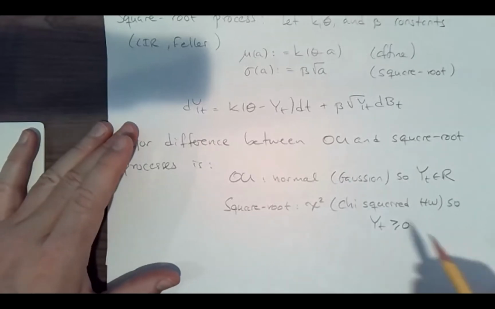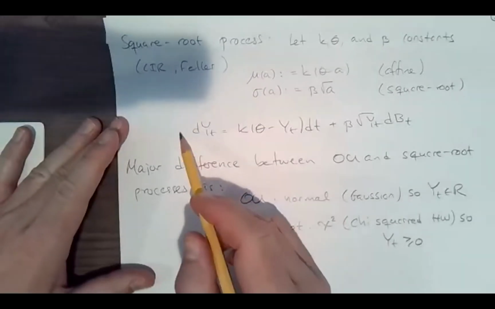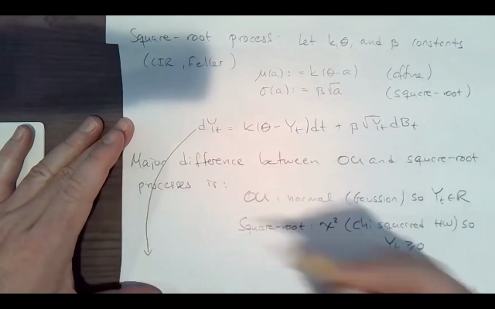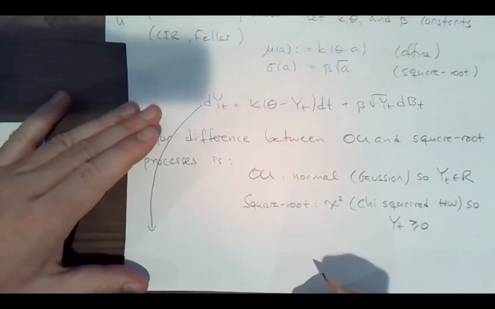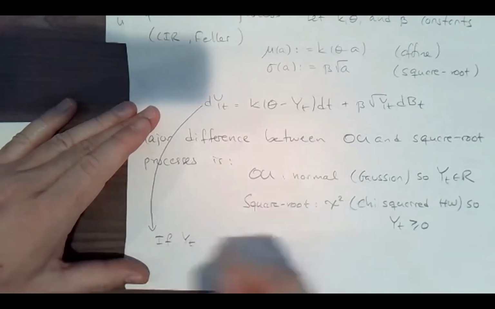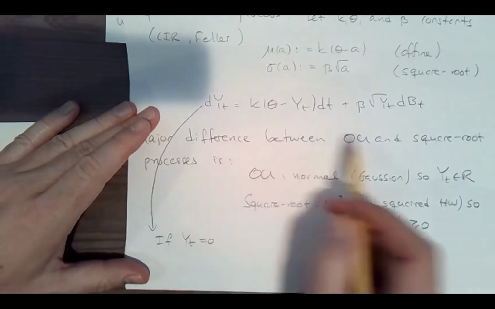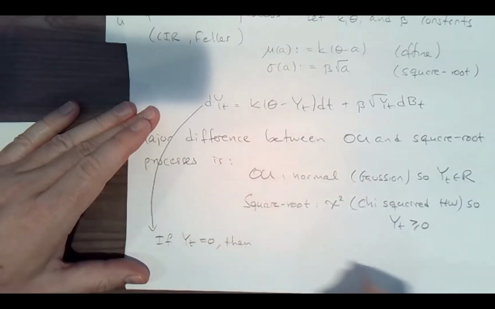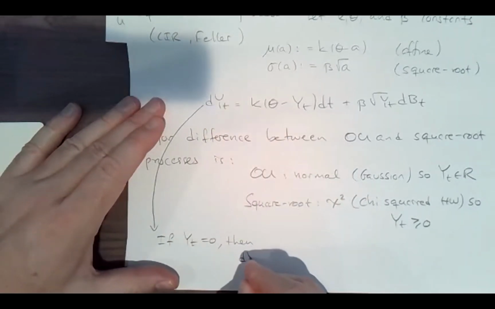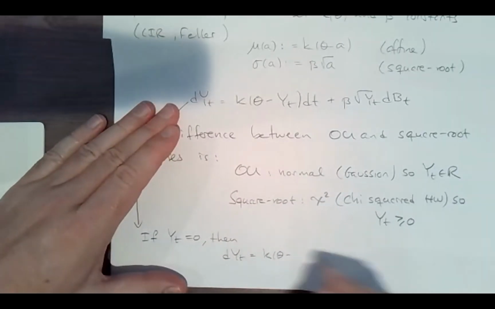You can see it coming here. If you look at this one here, if yt is equal to 0, then the change in yt is going to be kappa theta minus yt.